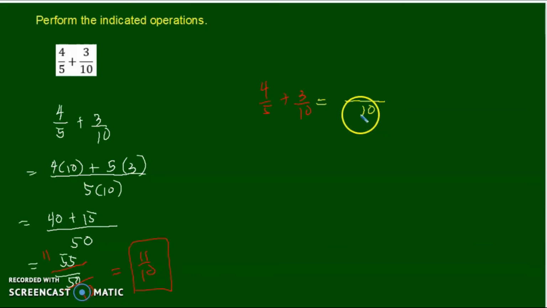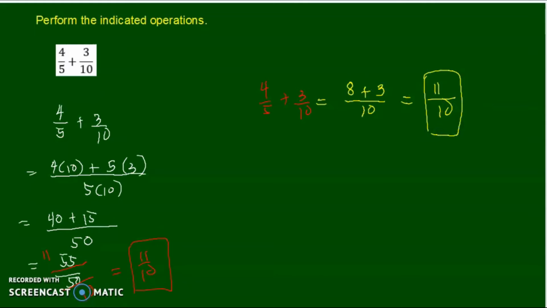So that one, 10 divided by 5 is 2. 2 times 4 equals 8. Then plus 10 divided by 10 is 1 times 3 equals 3. And then simplify. 8 plus 3 is 11 over 10.